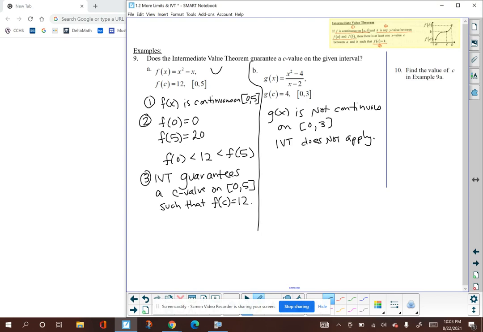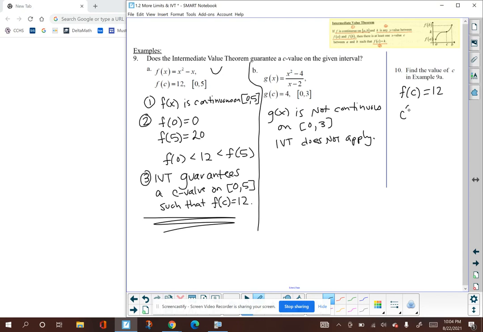Sometimes there'll be a follow-up question like, if the intermediate value theorem applies, can you find the actual c value? So we're going to use this example 9a to find the c value. Well, when we're using the intermediate value theorem, we're saying that f of c has to take on the value 12. f of c means plug c into the function f.